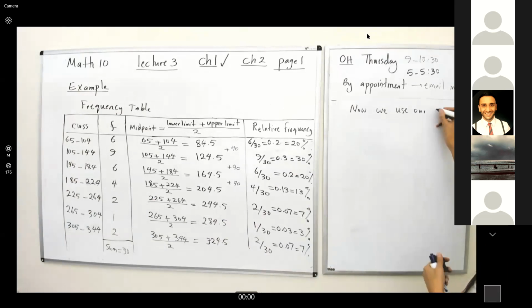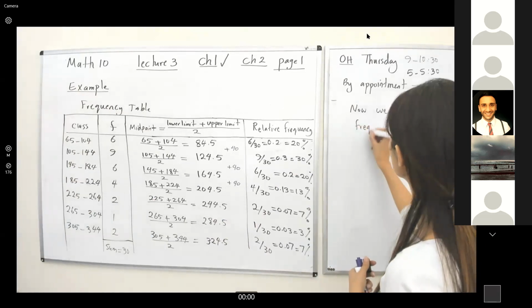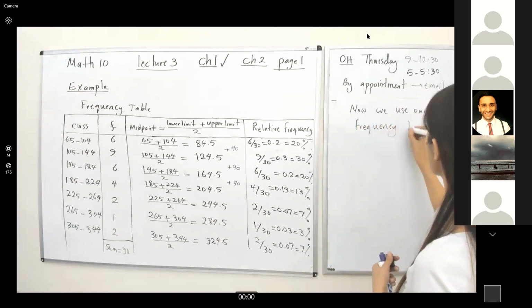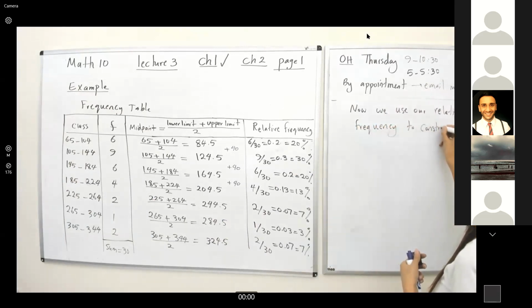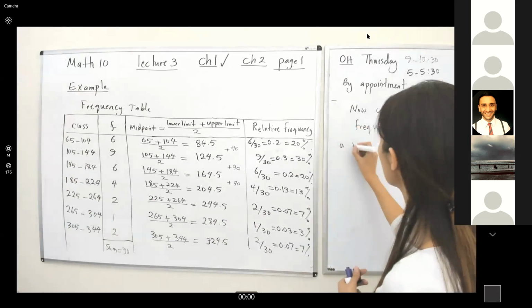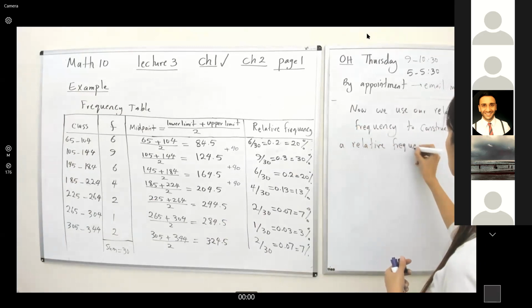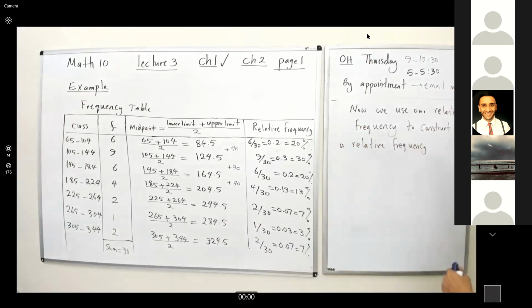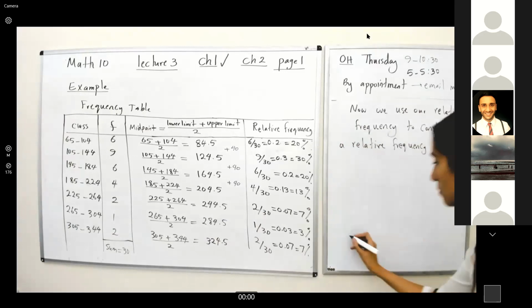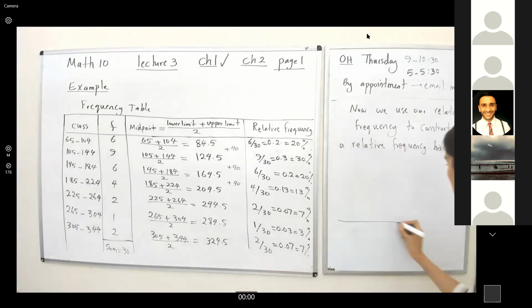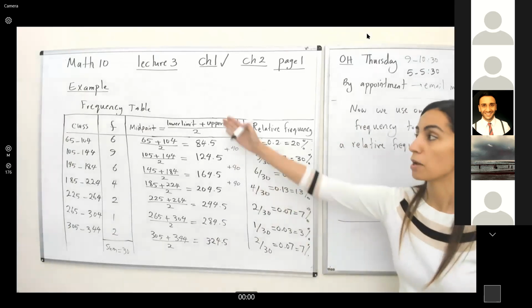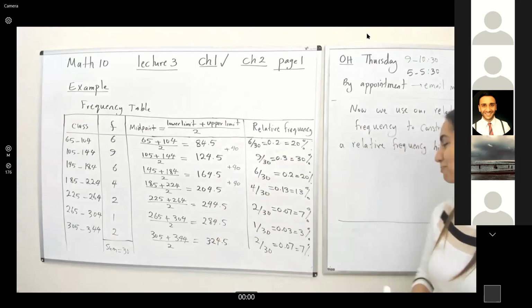Now we use our relative frequency to construct a relative frequency histogram. On the horizontal axis, you get your classes, or you can use the representative midpoint for each class.